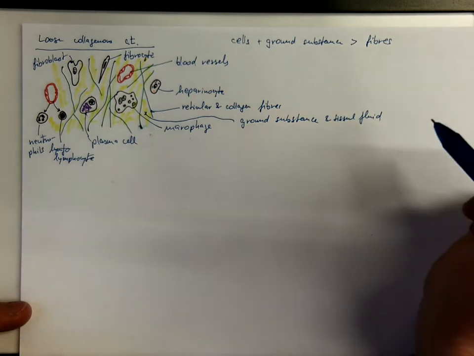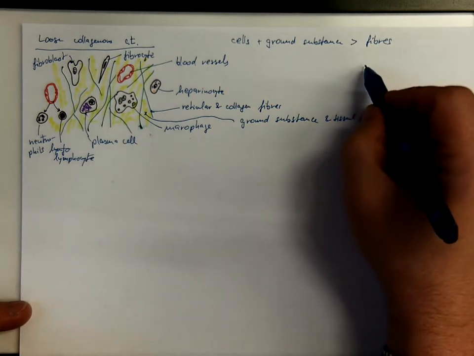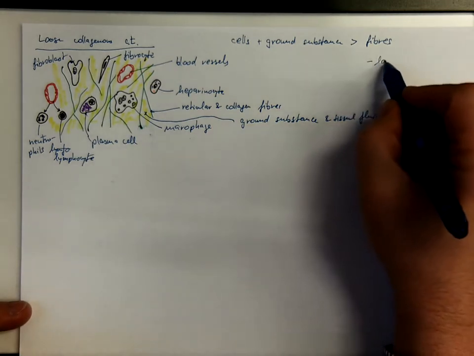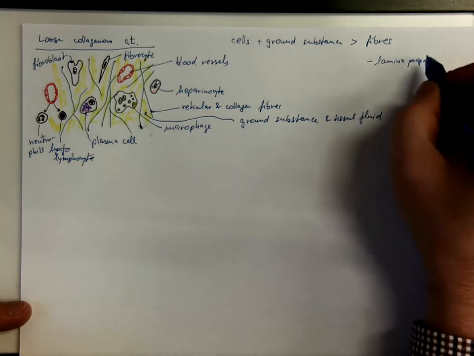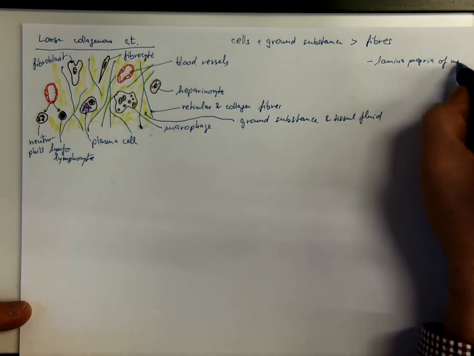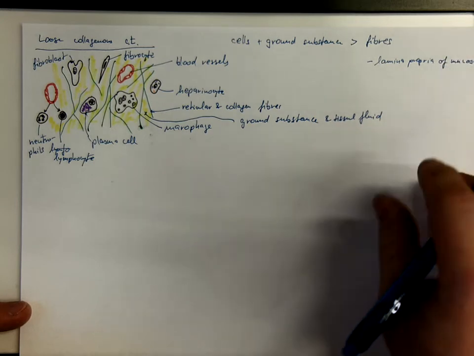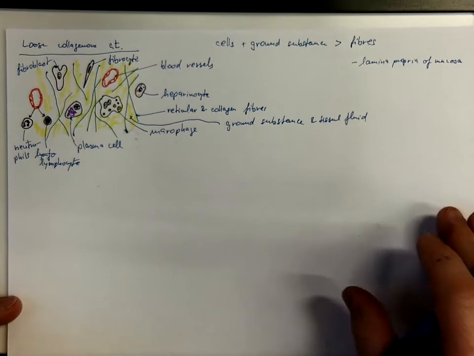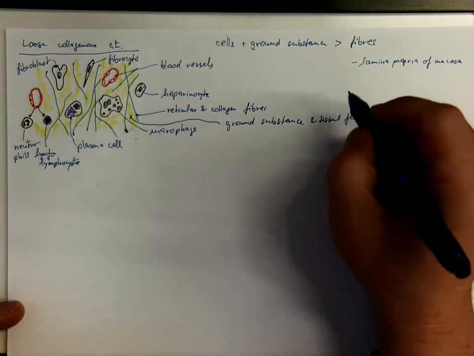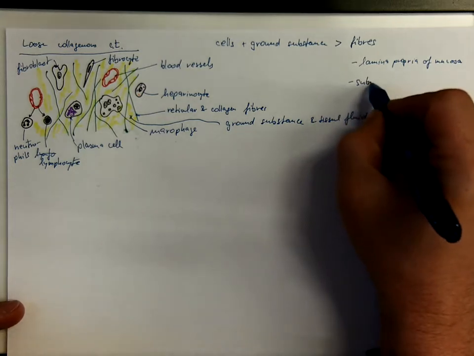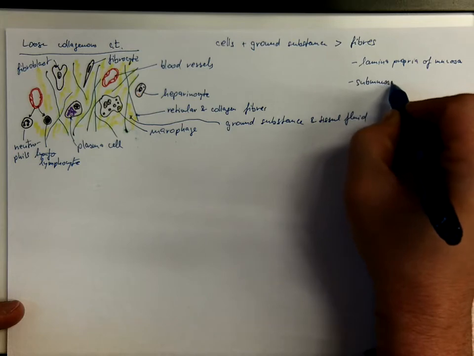As examples from the human body, you can find this loose connective tissue forming the lamina propria of mucosa in the GIT, in the genital system, in the urinary system, in the respiratory system, and also the submucosa in the GIT.